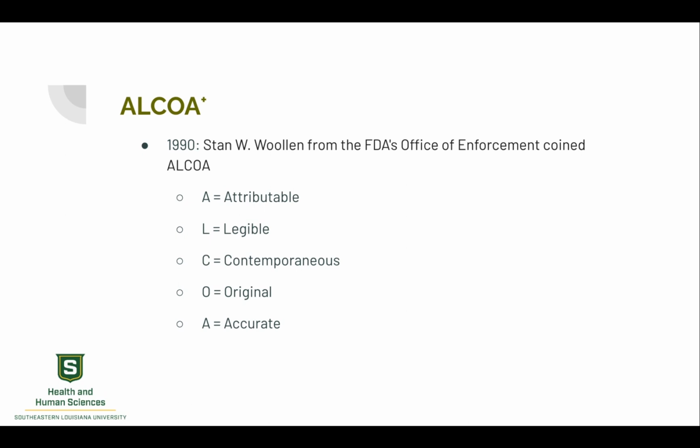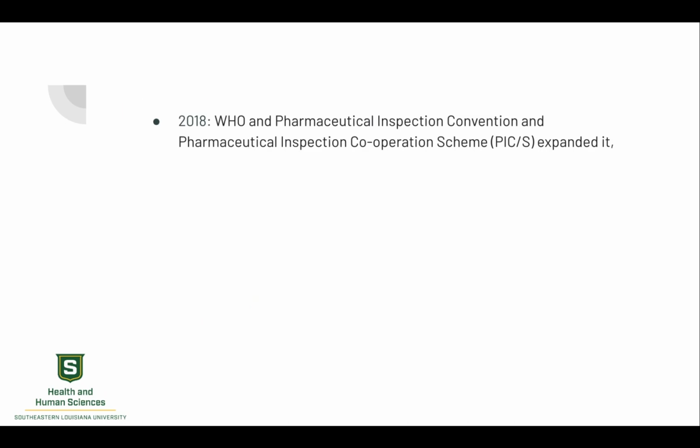This is not to say that these elements were not being effective before then, but this is the first time it was defined in these terms. However, in 2018, the World Health Organization and the Pharmaceutical Inspection Convention and Pharmaceutical Inspection Co-operation Scheme, very long one, expanded on these elements by including complete, consistent, enduring, and available.